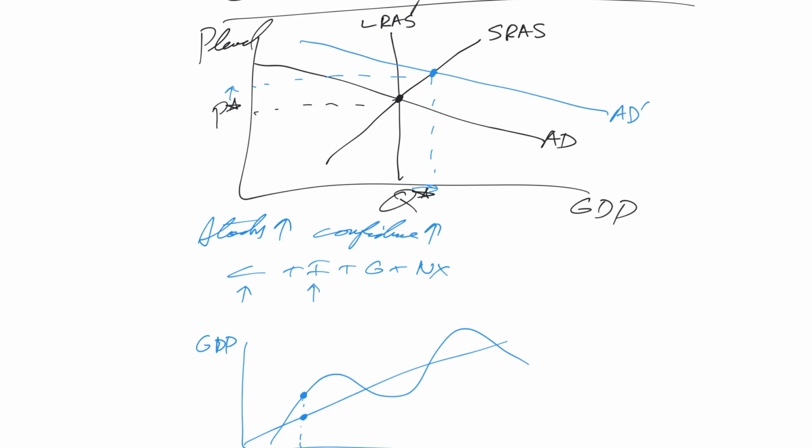Well, here we go. This is going to be shifting up gradually as expectations change, and we're going to move right along here until, boom, there's our new short-run aggregate supply curve, and we stop right there.